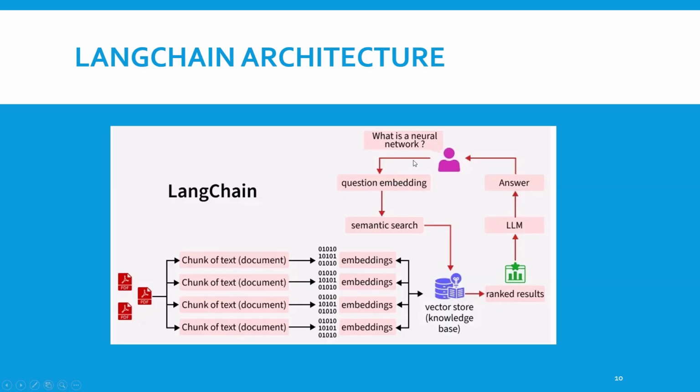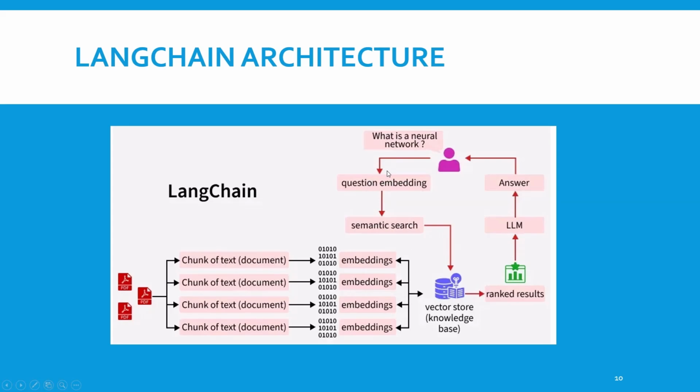That question is first converted into a question embedding. That question embedding essentially is a vector form of the question. Then semantic search is performed based on the vector form of the question embedding, and the semantic search is, for example, a cosine search or whatever distance based search between the embeddings.